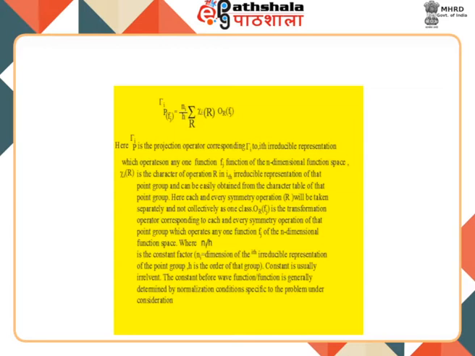Constant is usually irrelevant. The constant before the wave function is generally determined by the normalization condition specific to the problem. So, this basic equation of the projection operator is very important.